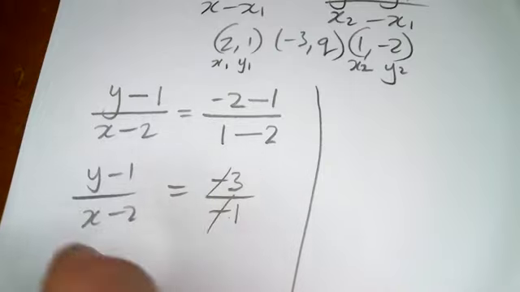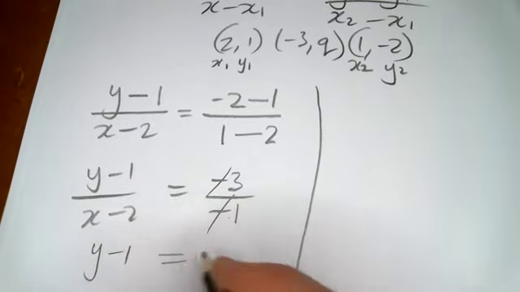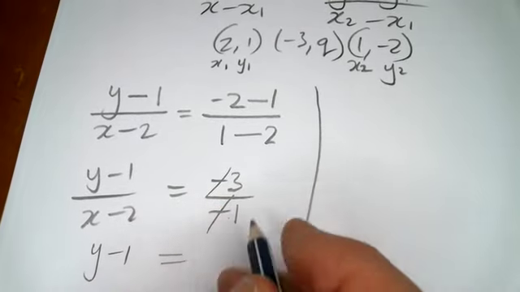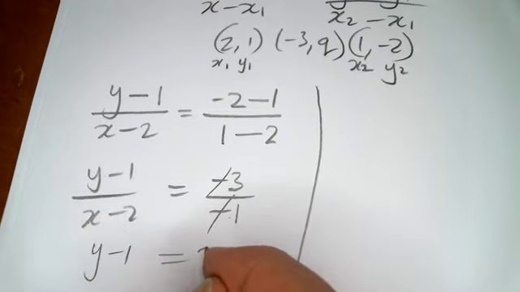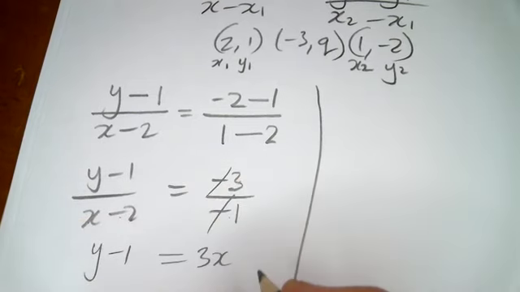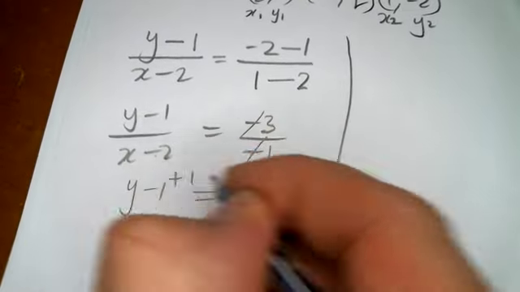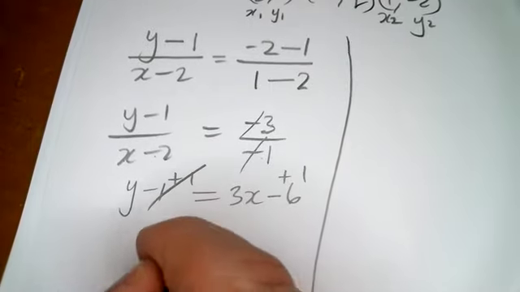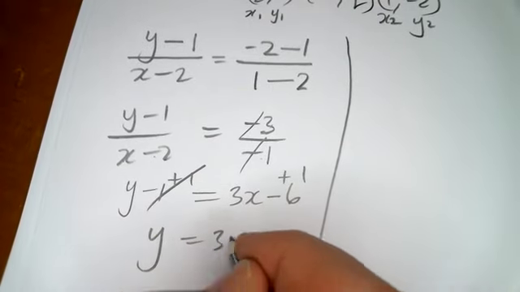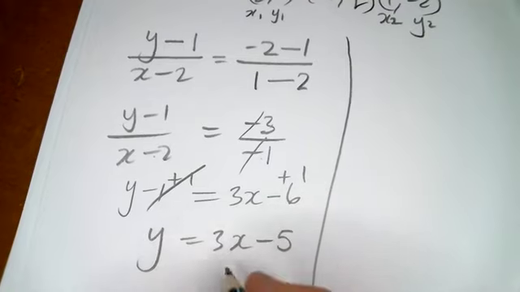Well, 1 times (y minus 1) is y minus 1. And 3 times this here is going to be 3 times x, which is 3x. 3 times negative 2 is minus 6. Now, I'm going to get rid of the 1 over here by adding 1 to both sides. So y is equal to 3x minus 5.